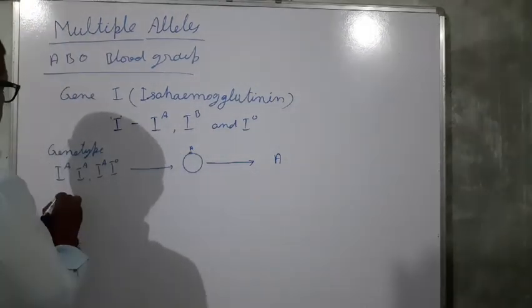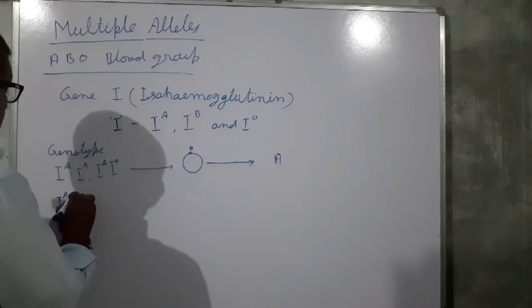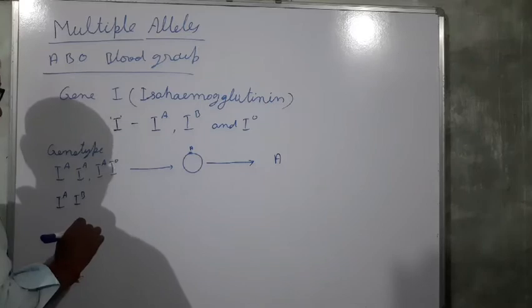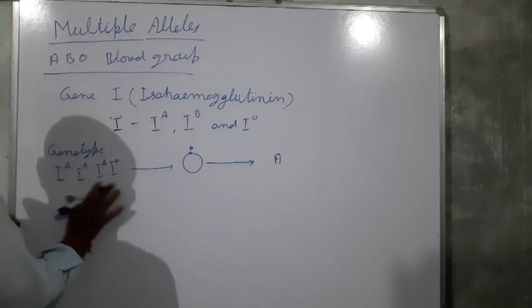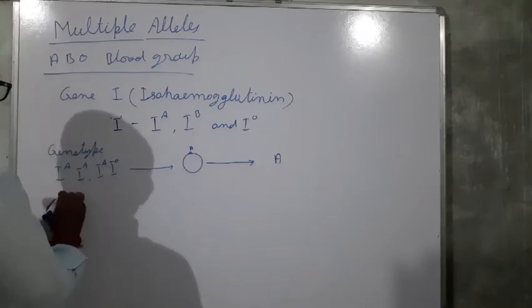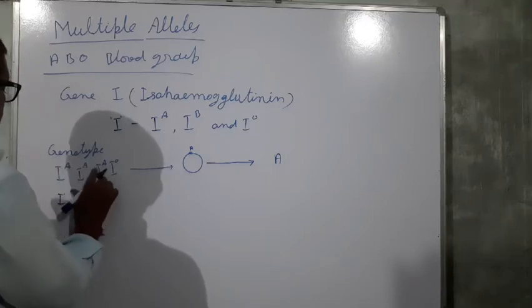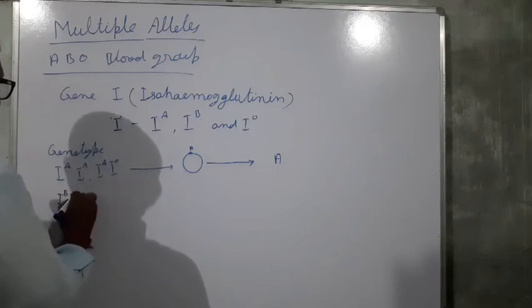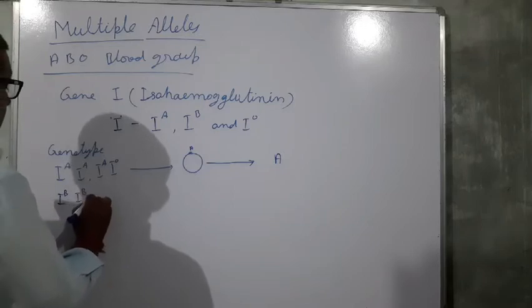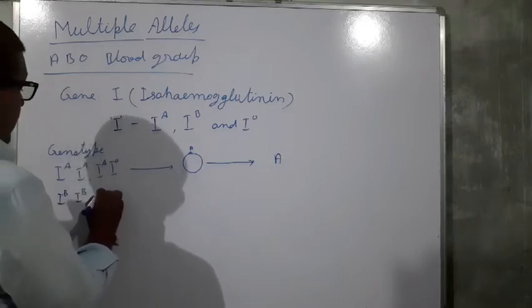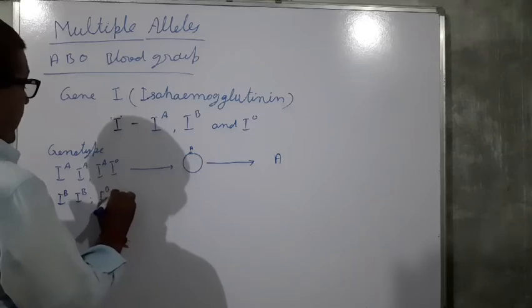And the second situation: IB IB and IB IO.